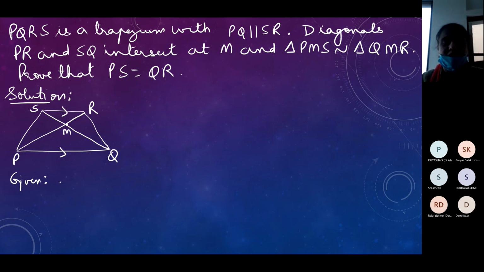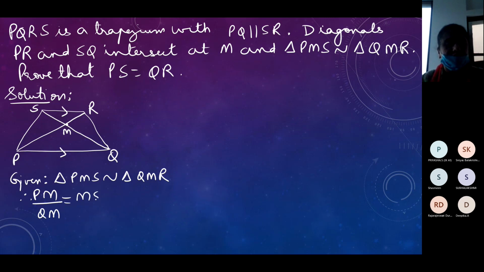So please work right along with me. PM by QM is equal to MS by MR is equal to PS by QR.